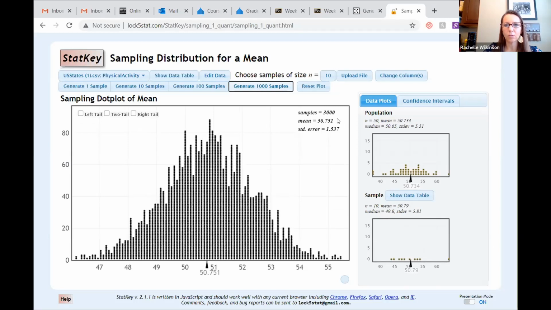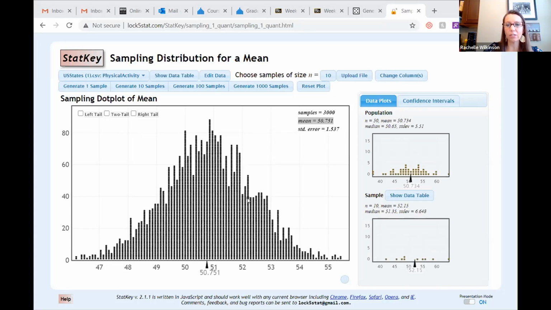That sounds good. Okay, I can look at the mean of my sampling distribution over here and the mean of the population. They're still pretty similar. What happened to the standard error, the standard deviation of that sampling distribution? It went down, right? It was 2.6 something before. Now it's at 1.537.